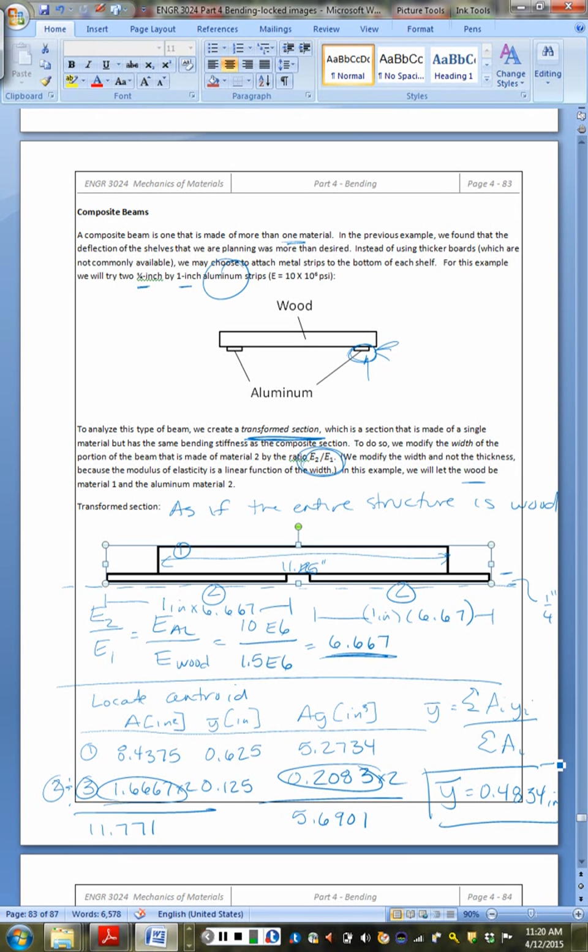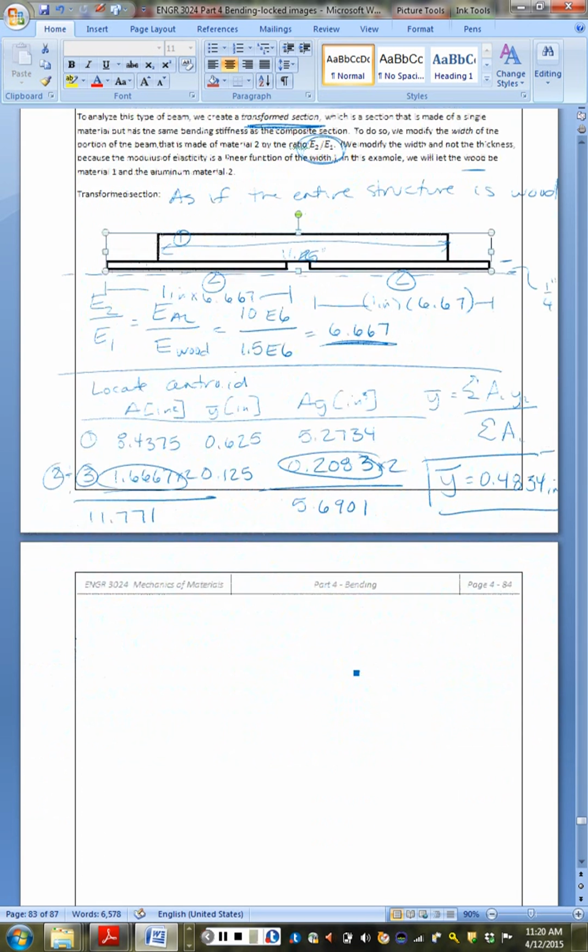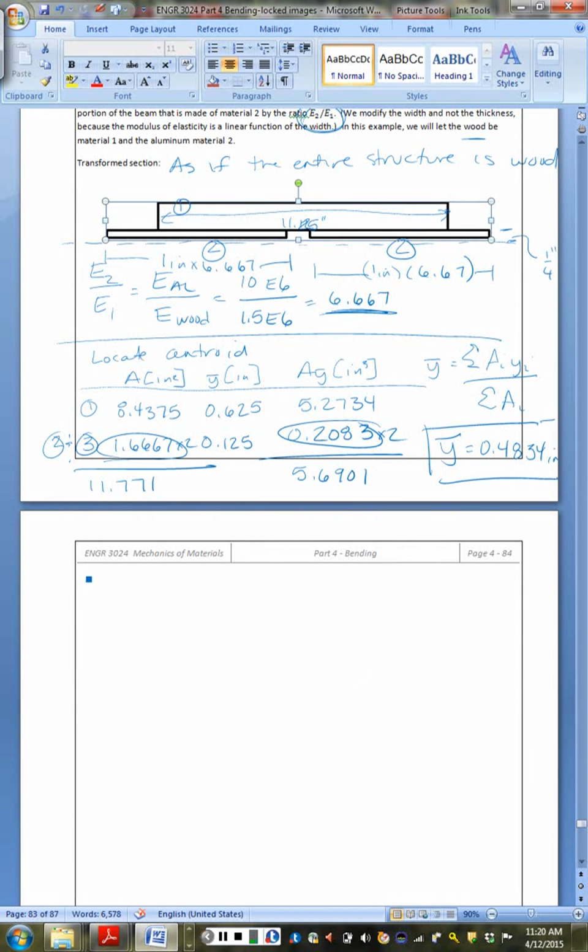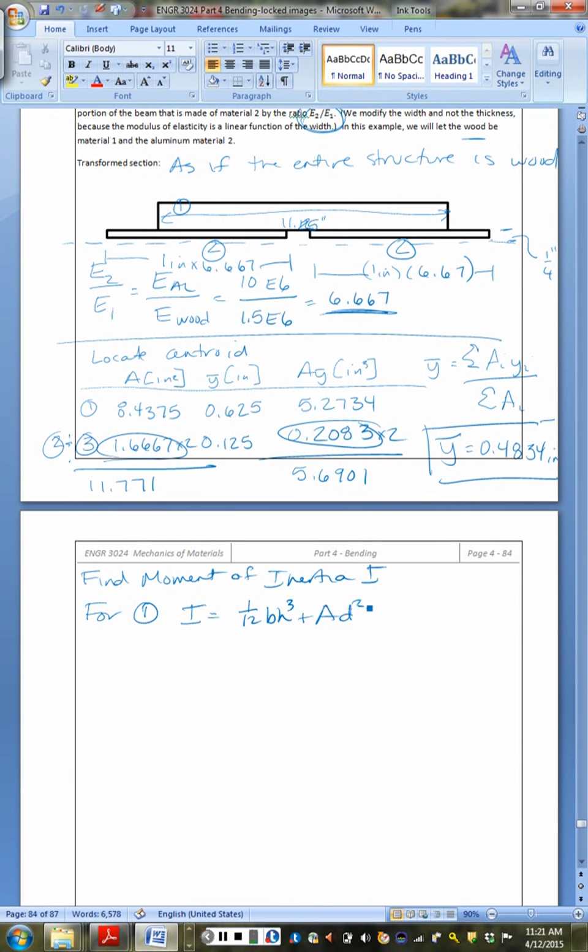We can now use that to continue solving the problem. The next thing that we need is the moment of inertia of the composite beam. Moment of inertia I, that's parallel axis theorem. So for the large original beam, we have its moment of inertia plus the parallel axis term.